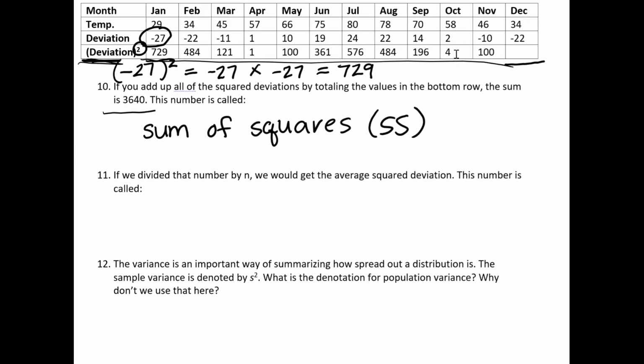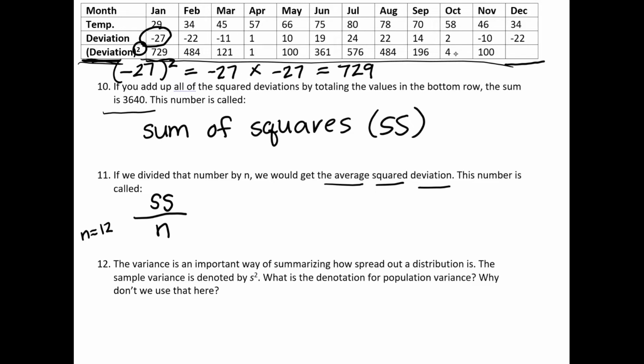Now, if we were to divide that sum of squares by n, quick review, n means the number of things in our set, so in this case our n is going to be 12 since we have 12 months. If we add up all the squared deviations and then divide by the number that we just added up, we would get the average squared deviation.